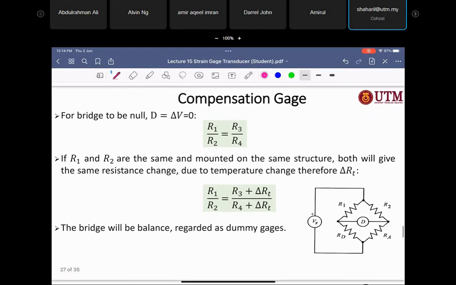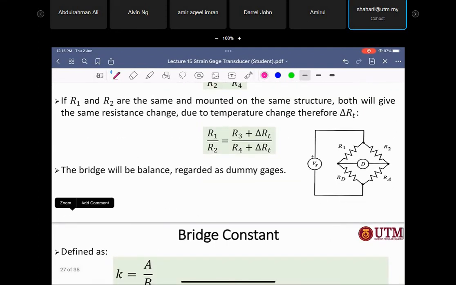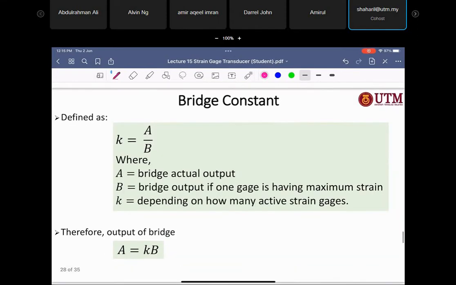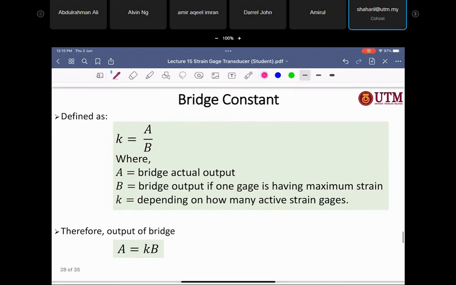So when the bridge is null, all the resistors will be equal. And when there are two strain gauges, for example R3 and R4, there will be delta R. So this is the bridge constant that I told you about before.